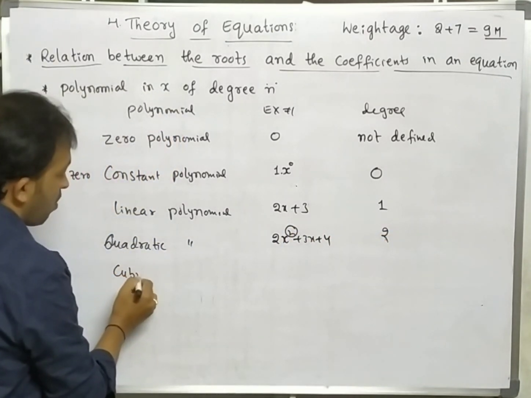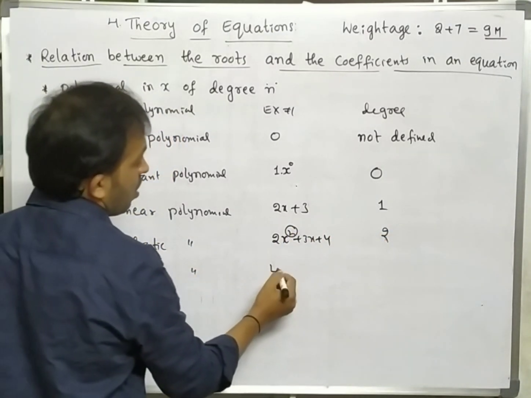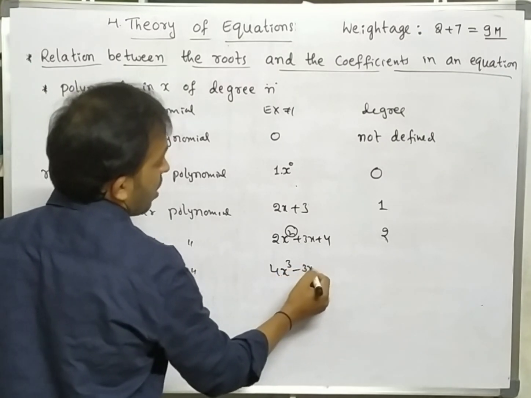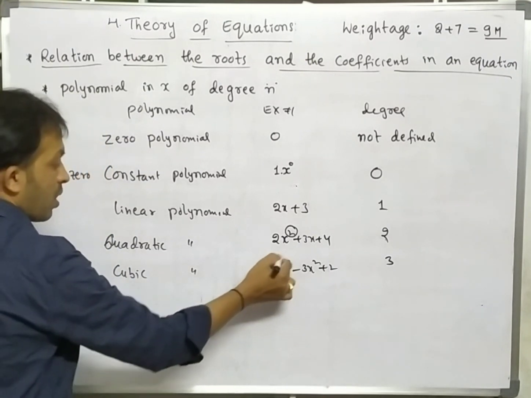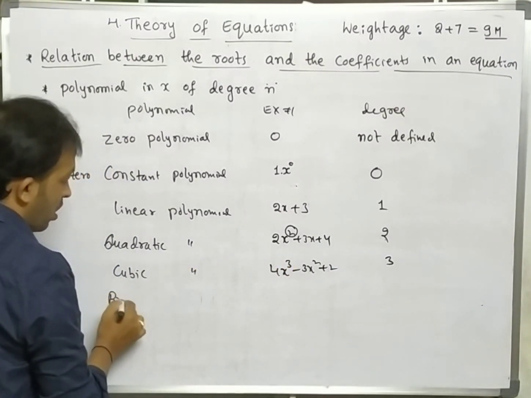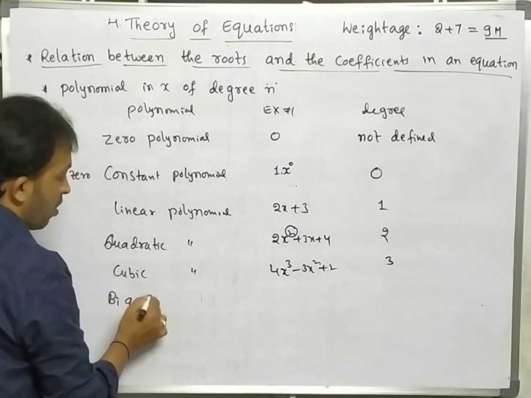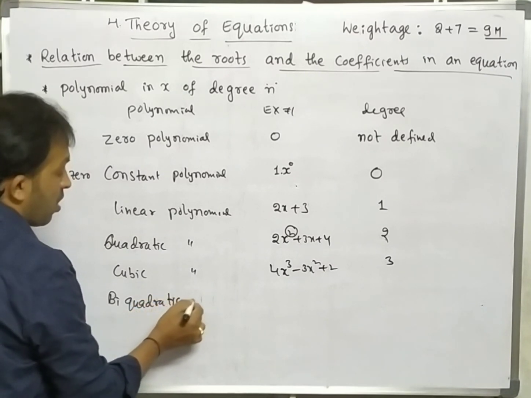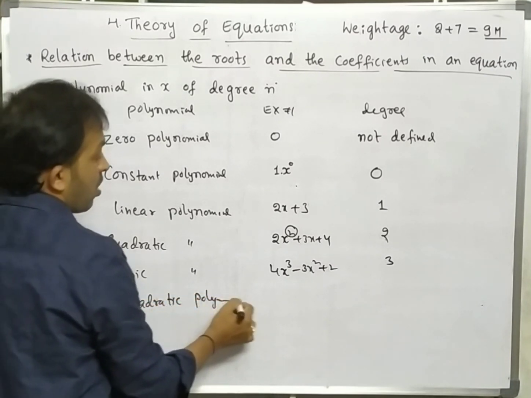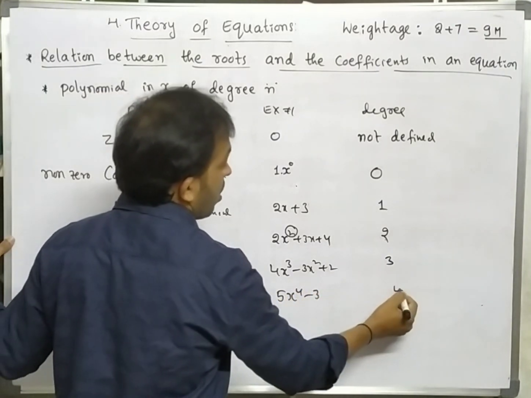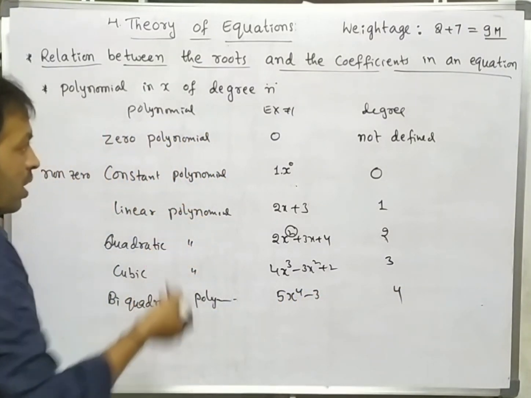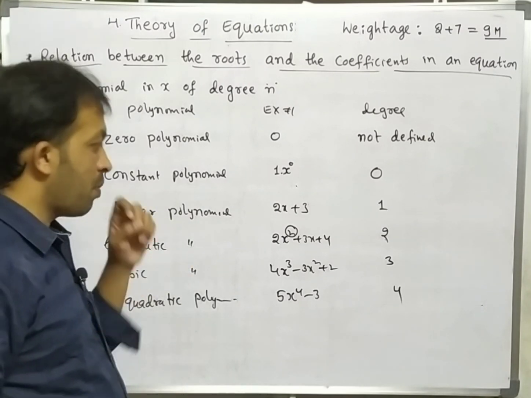Next, a cubic polynomial, 4x³ − 3x² + 2, the degree is 3. Next, a biquadratic polynomial, 5x⁴ − 3, so the degree is 4. So like this we have different types of polynomials.